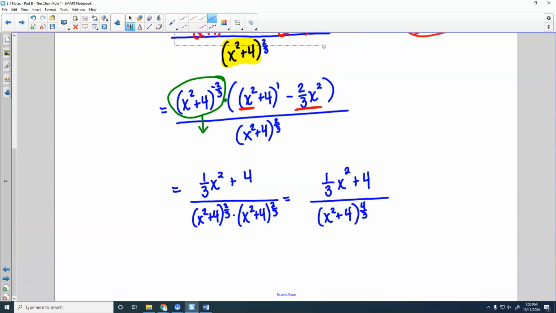We're almost there, but they're still probably not going to leave it like this. Why would they not want to leave it like this? Well, they might leave the fractional exponent. You could do that either way. It's the complex fraction. It's that 1/3 in the top. How could I get rid of the 1/3 in the top?